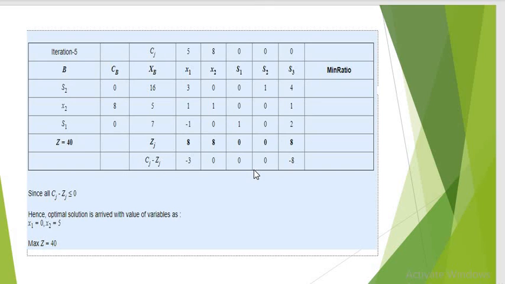That means we reached the optimal solution, and the optimal solution is x1 equal to 0 and x2 equal to 5. And the maximum value is equal to 40. Since one of the basic variables is 0, that corresponds to a degenerate solution.